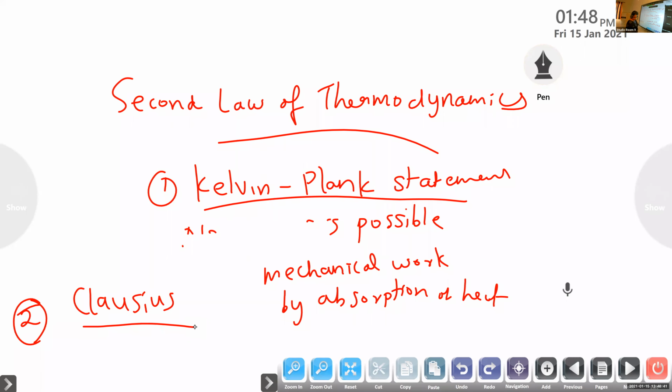Write it down. No process is possible in which heat can be converted to mechanical work completely by absorption of heat. Whatever heat energy we absorb cannot be used fully. That's the meaning of the Kelvin Planck statement.